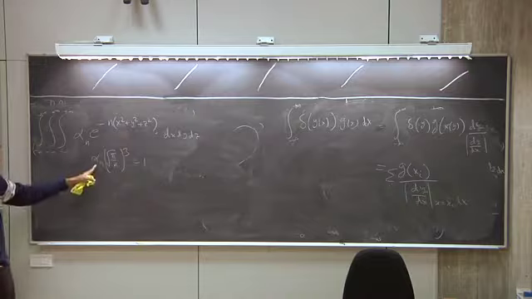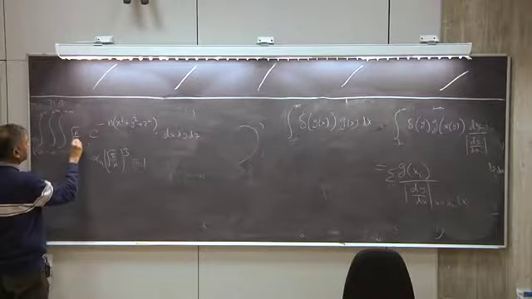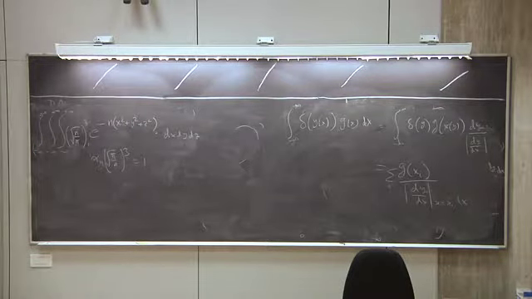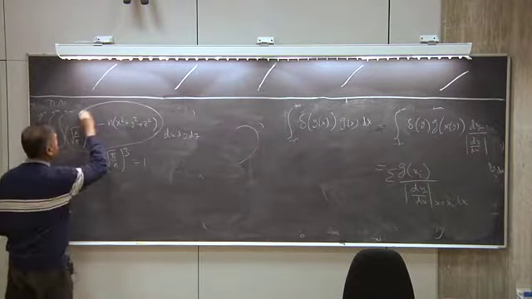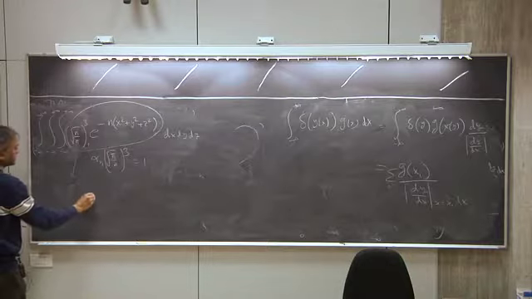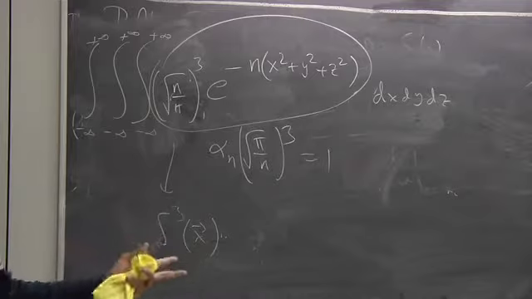That tells me alpha n should be simply root n by pi cubed. So this sequence of functions will define what we usually denote by delta 3 of x minus y, the product of three delta functions basically.